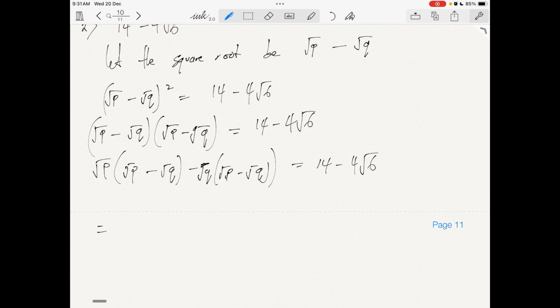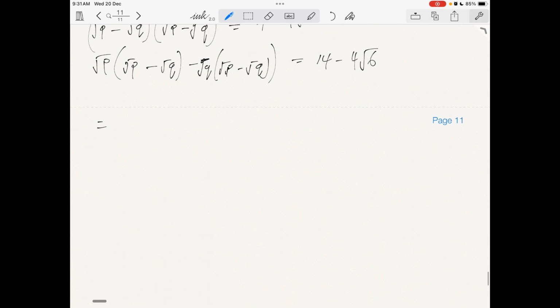So when we open the brackets, we have root p squared minus root pq minus root pq plus q squared, equals 14 minus 4 root 6.